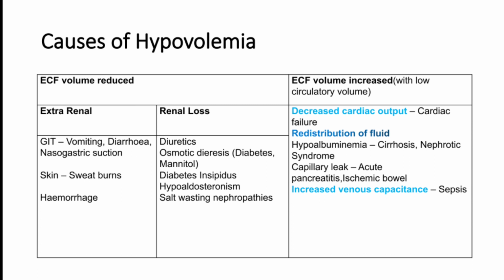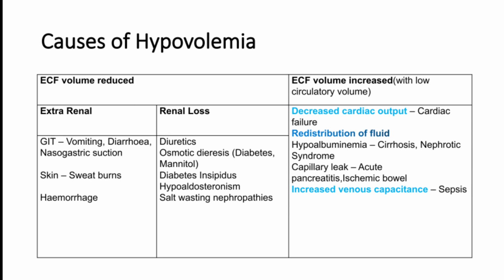Severe hemorrhages after trauma or pregnancy related hemorrhages. Renal loss are like diuretics, osmotic diuretics like diabetes, mannitol, diabetes insipidus, hyperaldosteronism, salt wasting nephropathy. So in all these conditions we can lose volume, especially extracellular volume.